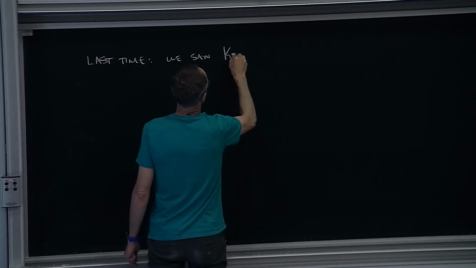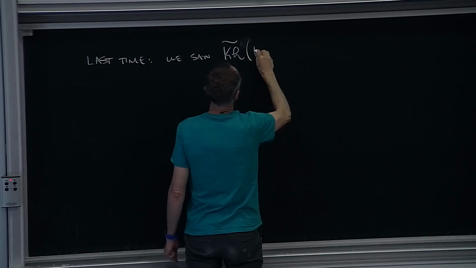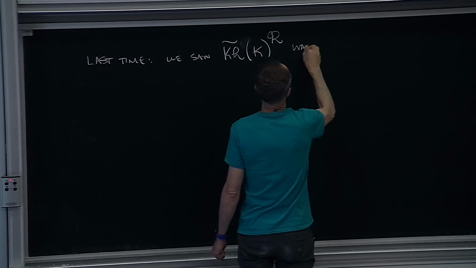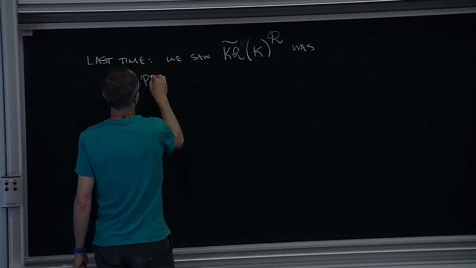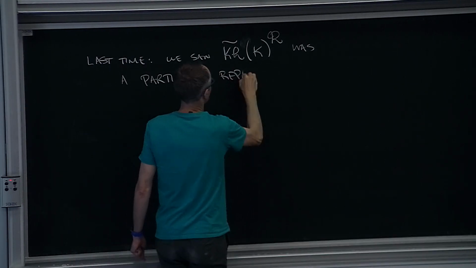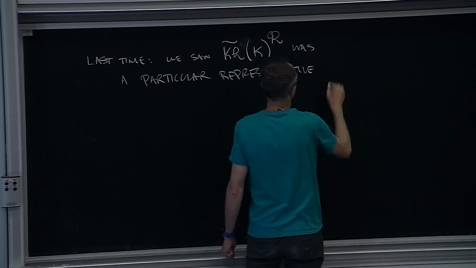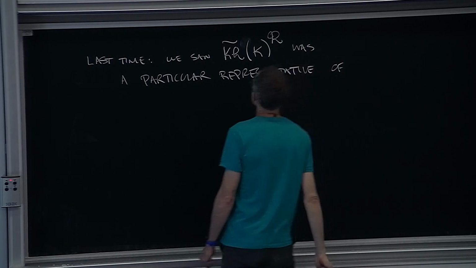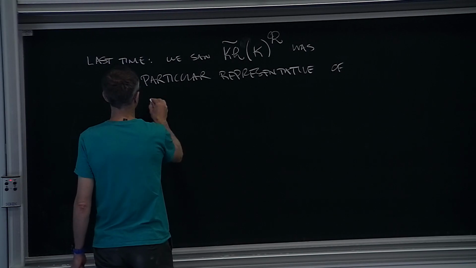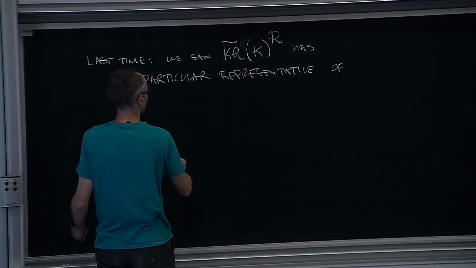we saw KH, this funny new notation. So this was a particular representative of either a chain complex or a type D structure or a twisted chain complex; there's at least 3 different ways of seeing this.